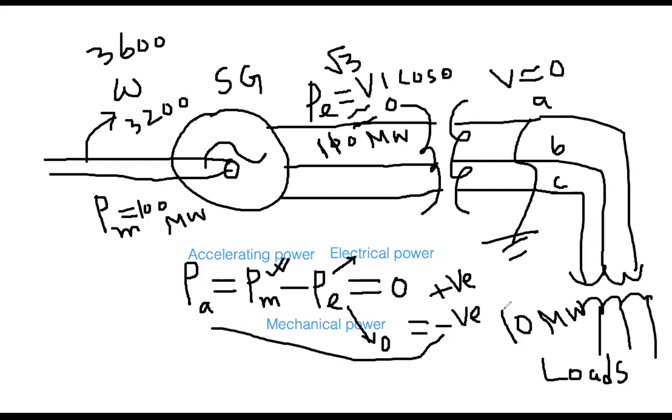So this means that on the electrical side, if you make any change, either short circuit, or you are injecting some load, or you are taking out some load, depending on situation, the impact will go on the shaft system. Either the shaft speed will increase or the shaft speed will decrease.